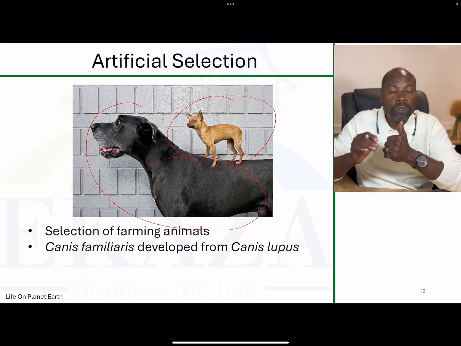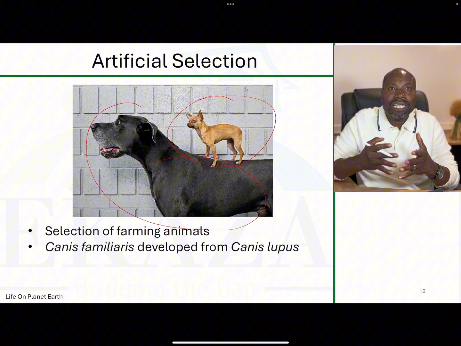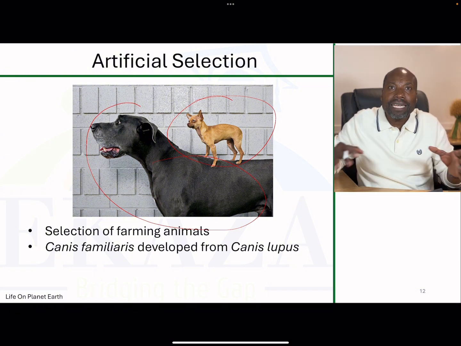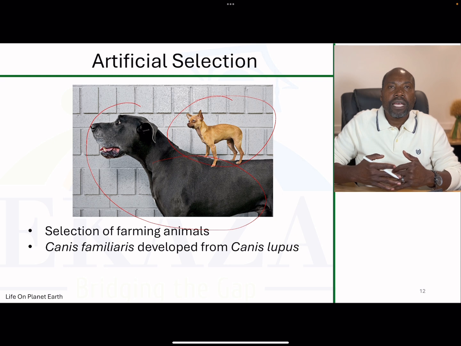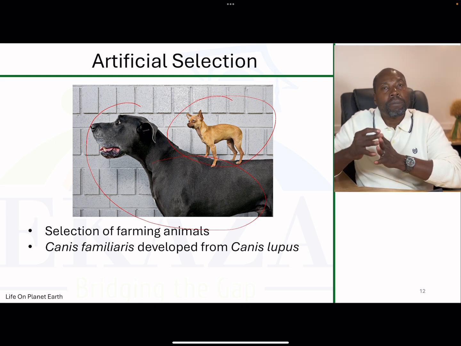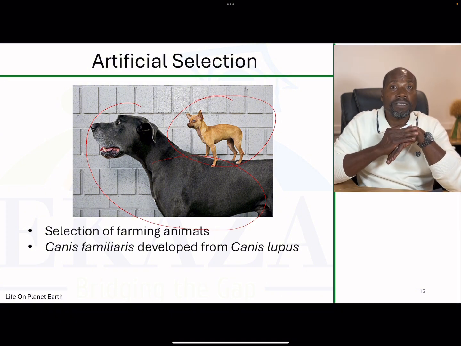That's one. Two, you also have the environmental conditions themselves, right? Regardless of the interspecific competition and the intraspecific competition, you also have the environment itself, right? Dogs with short snouts, for instance, have a hard time breathing, right?